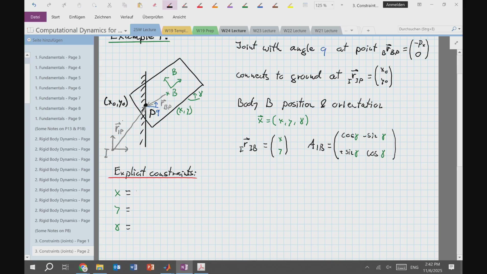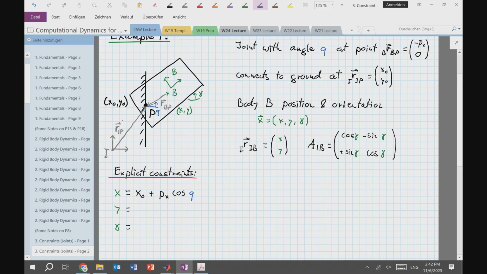So I start at I, then I go x0 to the right, which brings me to point P. And then I go a little bit more, which is dependent on this distance between P and B, and also on the angle Q here. So that's Px times cosine Q.